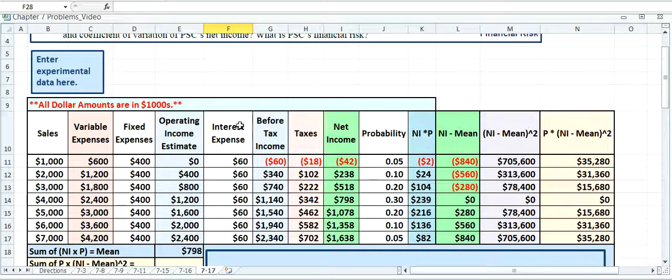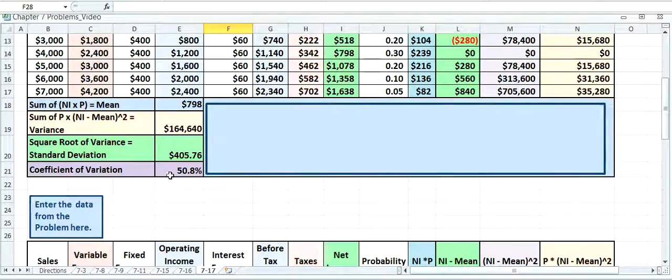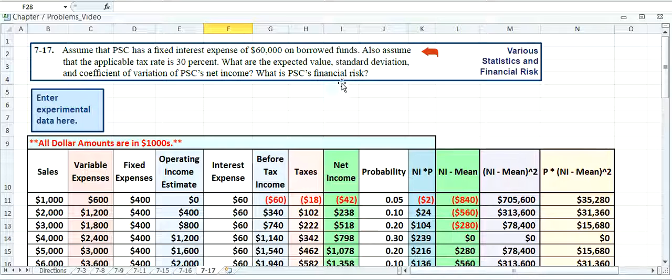So we're going to add some columns here, because now we're going to look at the coefficient of variation on our net income. So we need to add in our taxes. According to our problem, we have a tax rate of 30%. So we need to factor that in.